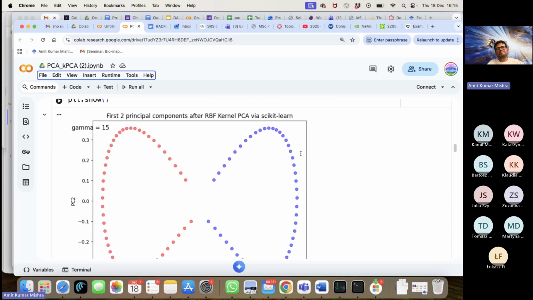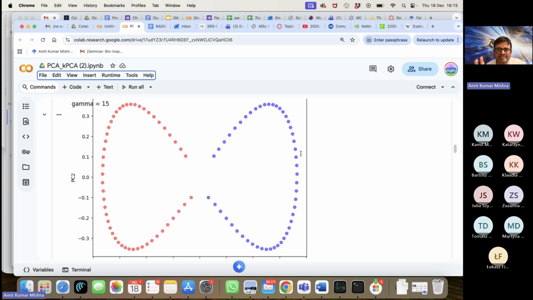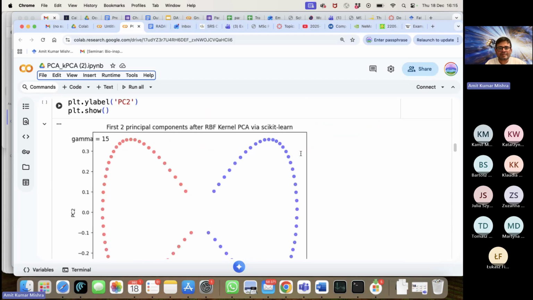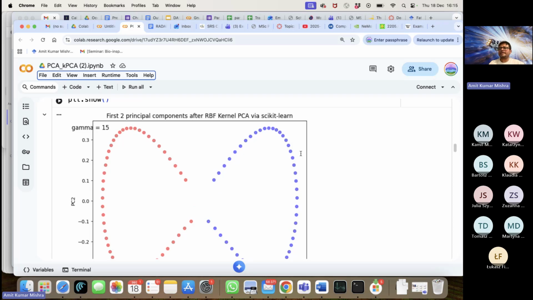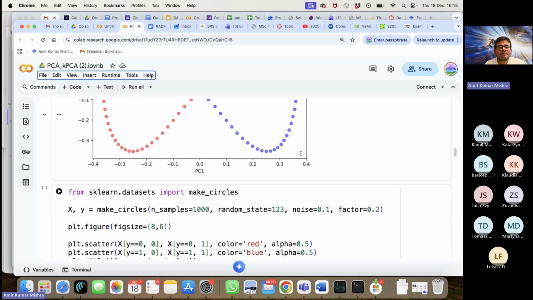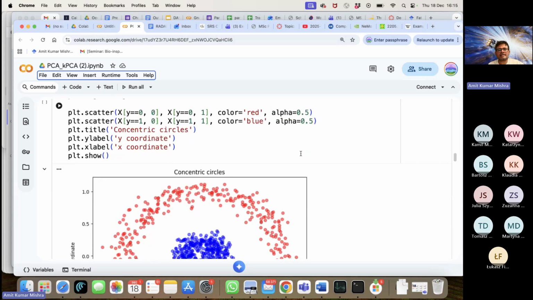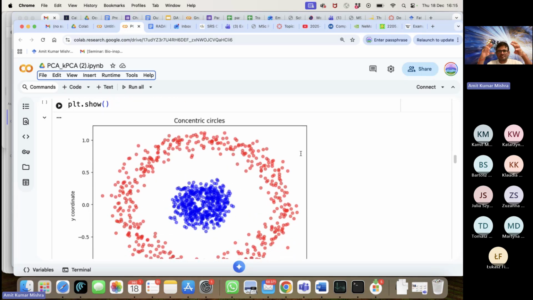That's exactly what happens. Because kPCA deals with things in a higher dimension, it's literally like snatching them apart. You can see that now in 2 dimensions they look quite separate, and of course in 1 dimension also they will look separated. Now there's another kind of data set, again very difficult, because this is one blue bunch of data embedded inside a red one.